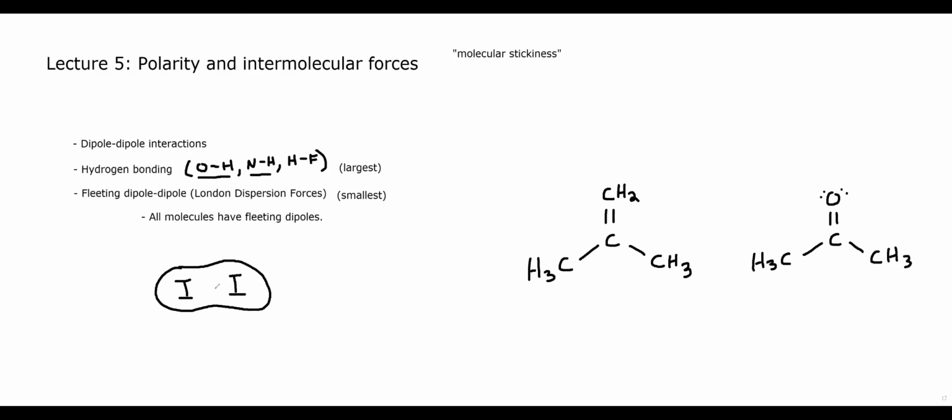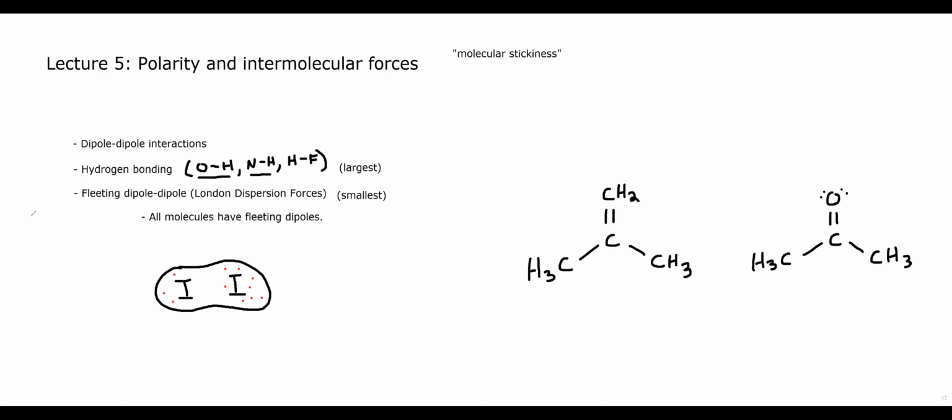So fleeting dipole simply means that if we have electrons, I will actually draw the electrons as maybe little red dots. These electrons can sort of be floating in lots of different spots in and around these iodines. Fleeting dipole simply means that based on the random movement of electrons, you may have more red dots on the right side than on the left side at any given time, or vice versa.